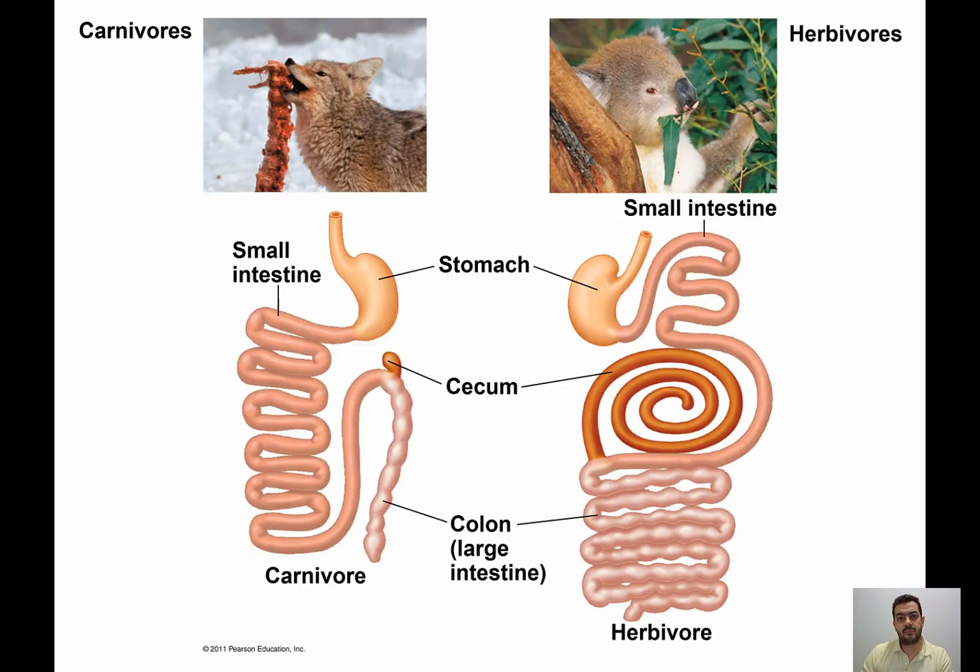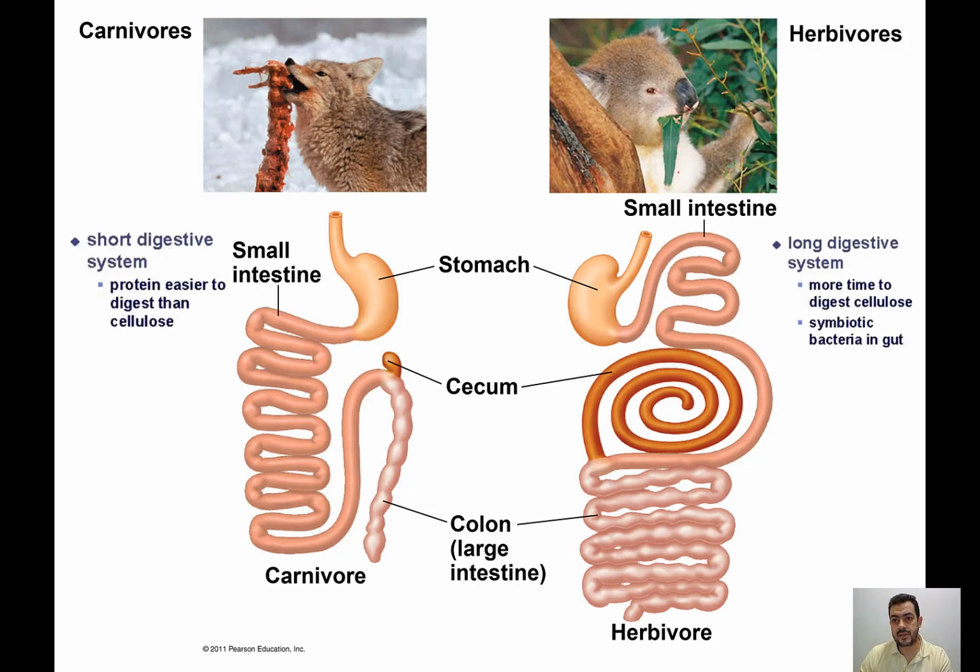The next example, we have already covered before, the difference in the GIT structure in the carnivores and the herbivores. So the herbivores eat a lot of starch and cellulose-containing materials, and because cellulose is difficult to digest, they have a long digestive system, especially in the cecum and in the colon.